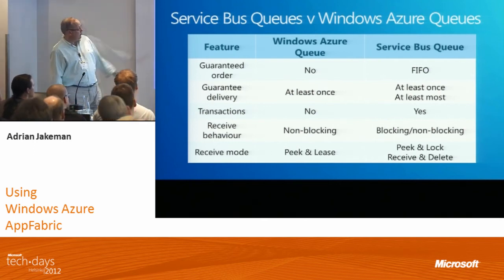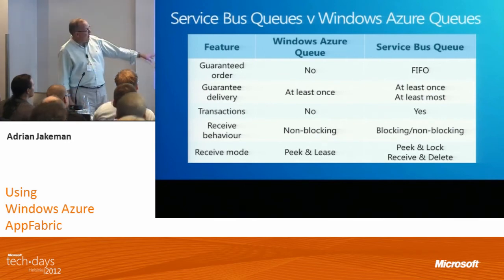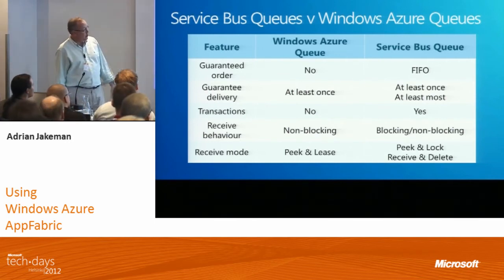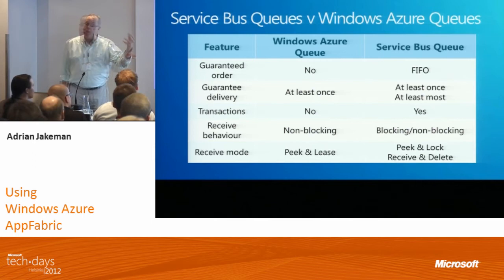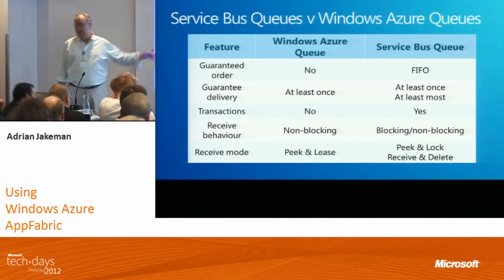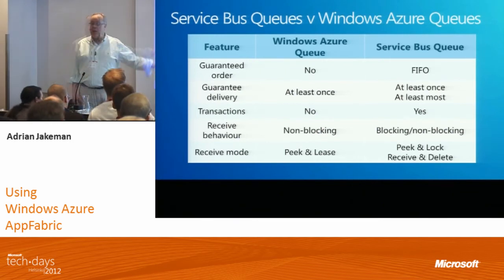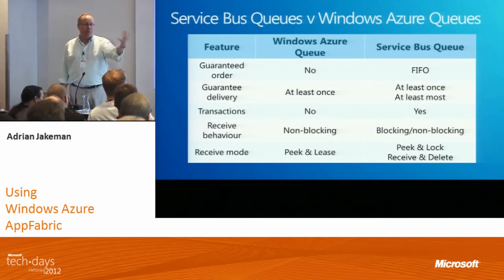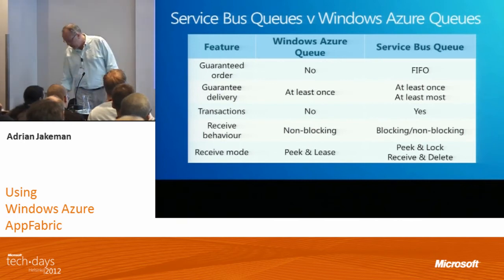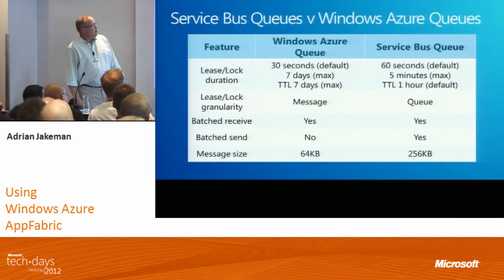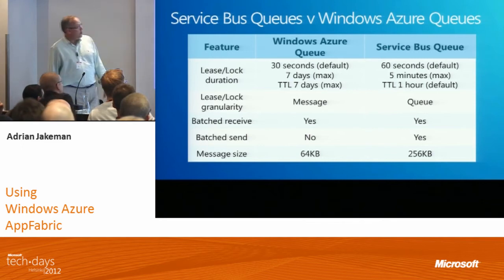Other differences: with a Service Bus queue you can both look at and lock a message, like you do with a peek and lease in the Windows Azure queue, but you can also have a receive and delete. So you're basically saying get it, and as soon as you've got it, delete it. It's a slightly different mechanism, with different lock and lease durations.